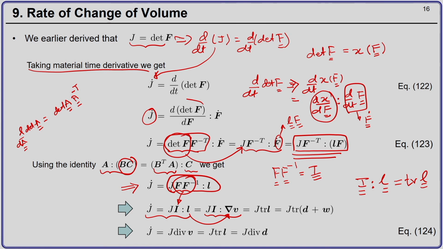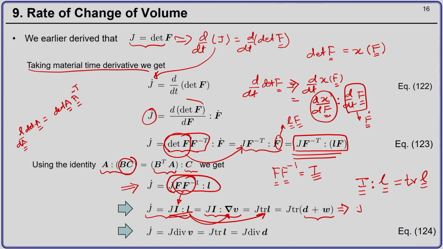So, I can write this as J times the trace of the velocity gradient tensor L. Now, L is nothing but D plus W. The velocity gradient tensor can be split into the rate of deformation tensor and the spin tensor.